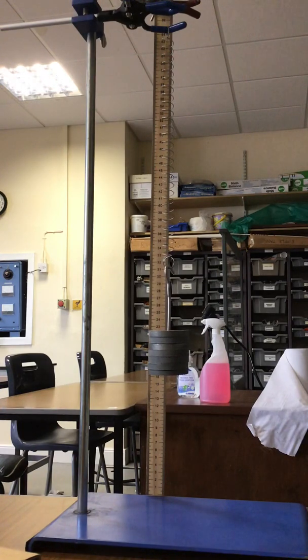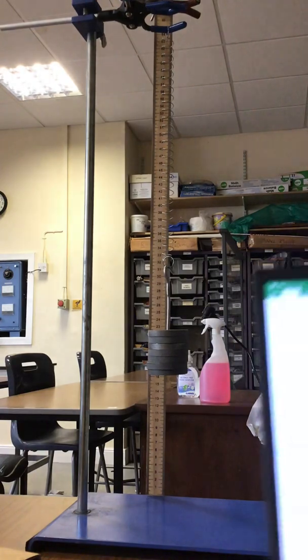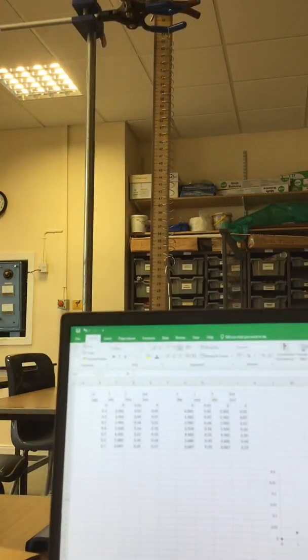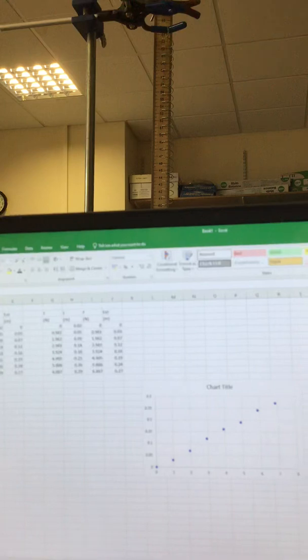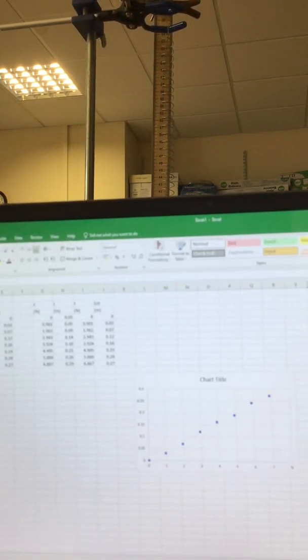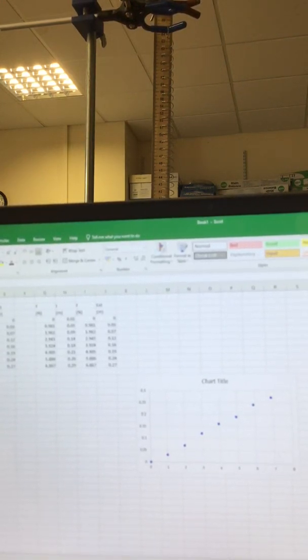If we have a look at that data, it's not a bad straight line, it's not perfect, but we can definitely see the line there.